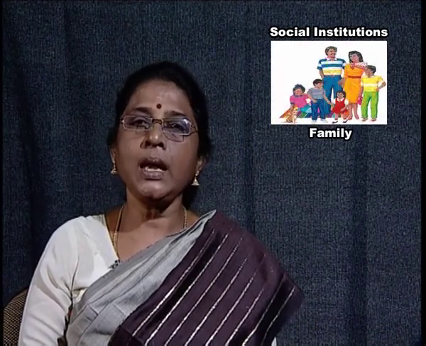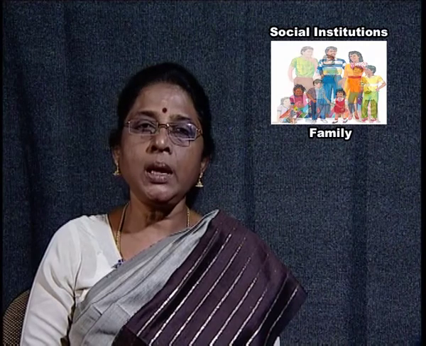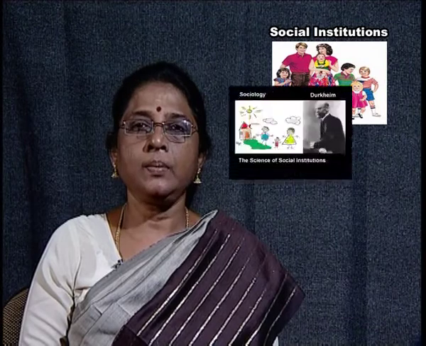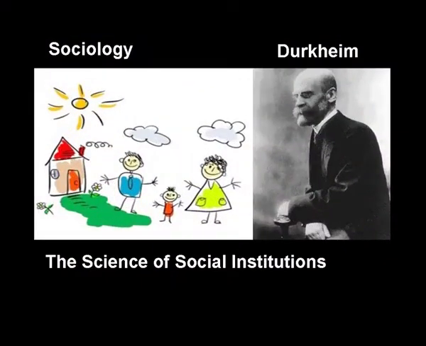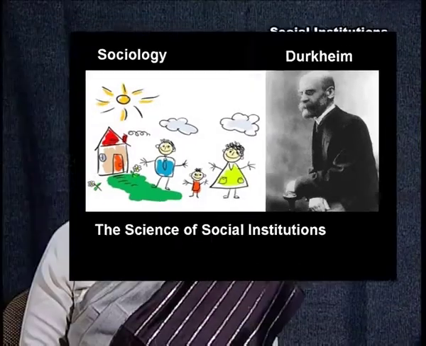These are the social institutions that regulate human behavior as to what should be done and what not to be done. The concept of institution is most important in understanding the society. Durkheim used the term to define sociology as the science of social institutions.